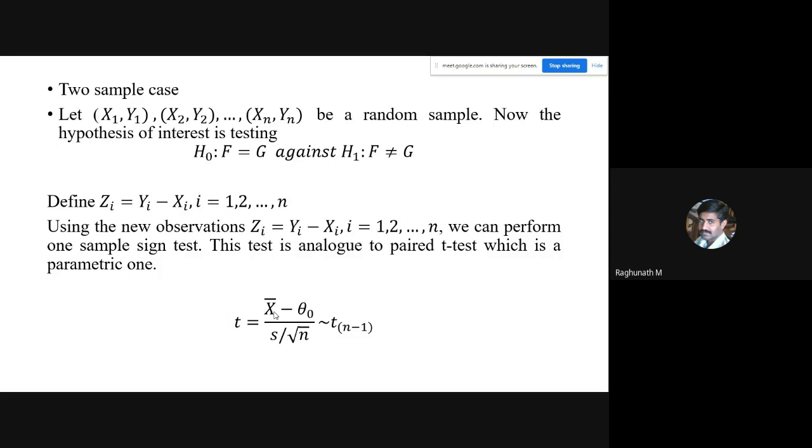This is an advantage of the sign test and a drawback of the sign test. It just takes account of the signs, whereas the traditional student t-test takes account of the magnitude. That's why this has an advantage.